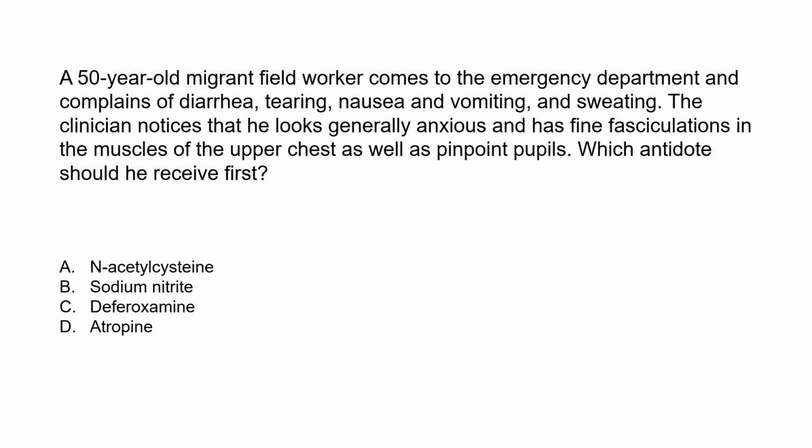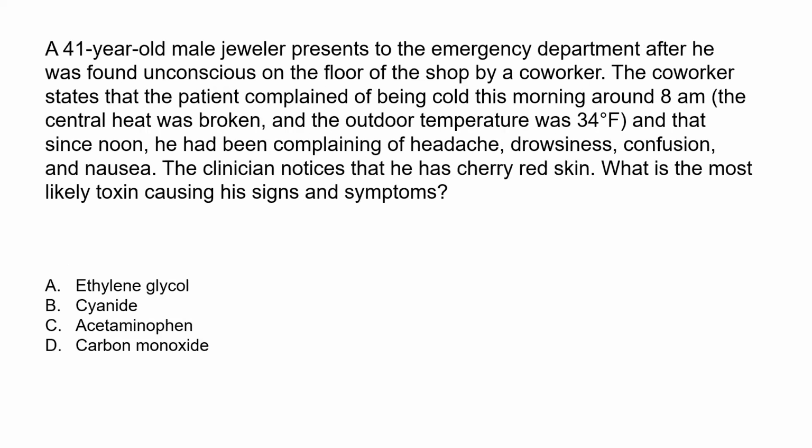Read the symptoms carefully and see what they remind you of. Nausea, vomiting, sweating. Atropine. Yeah, atropine, because all these are symptoms of cholinergic excess. The way you can treat it is to prevent acetylcholine from binding to the receptor, and atropine is a muscarinic antagonist, so atropine is the right answer.